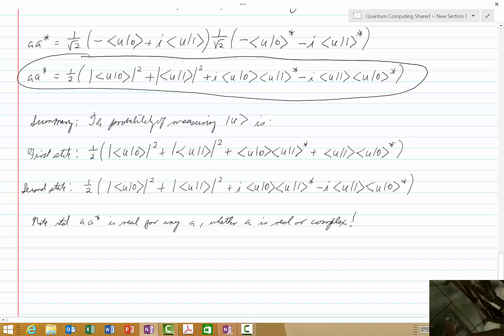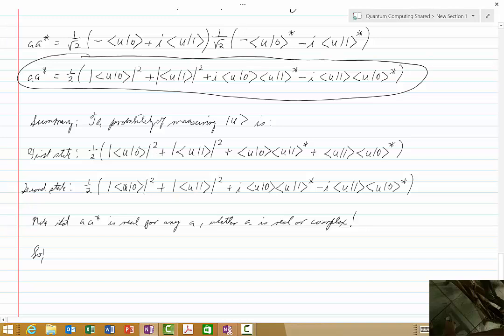Now, the reason that that is interesting is that it tells us that when we look at this second term here, this term has to be real.